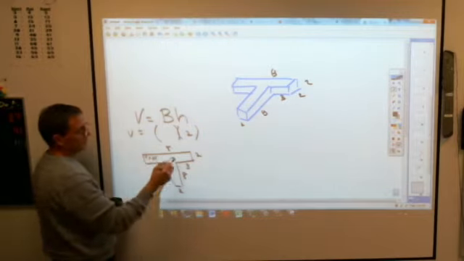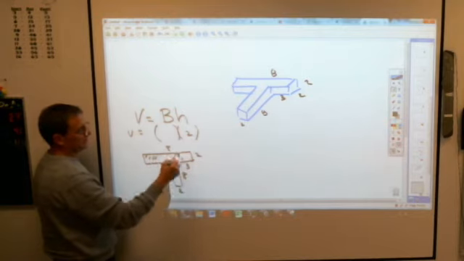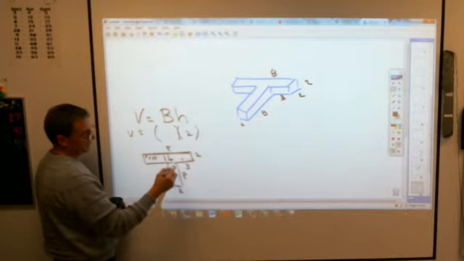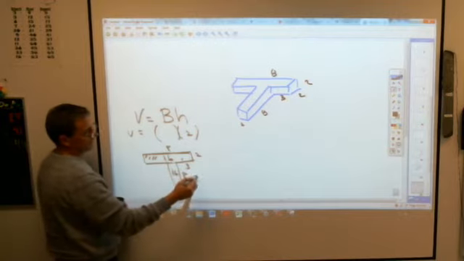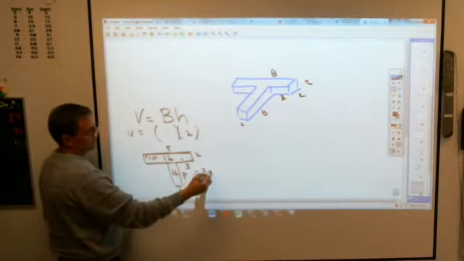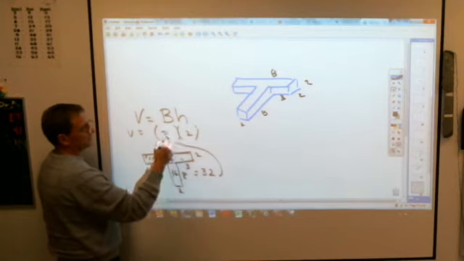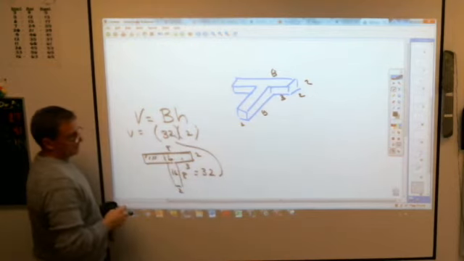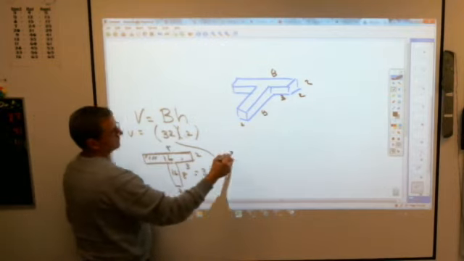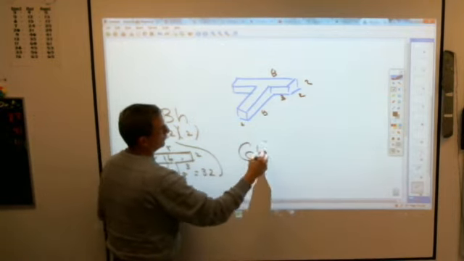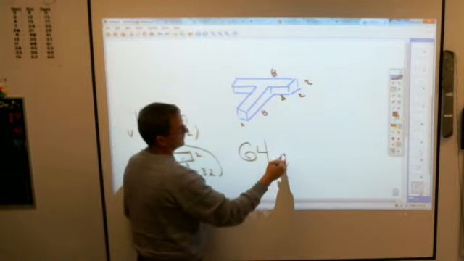What's the area of this big, long rectangle here? 2 times 8 is 16. And then we've got this rectangle here, which is 8 times 2, 16. So the total area is 32. And that goes right here. And then my volume is going to be 32 times 2, 64, whatever it was, centimeters.